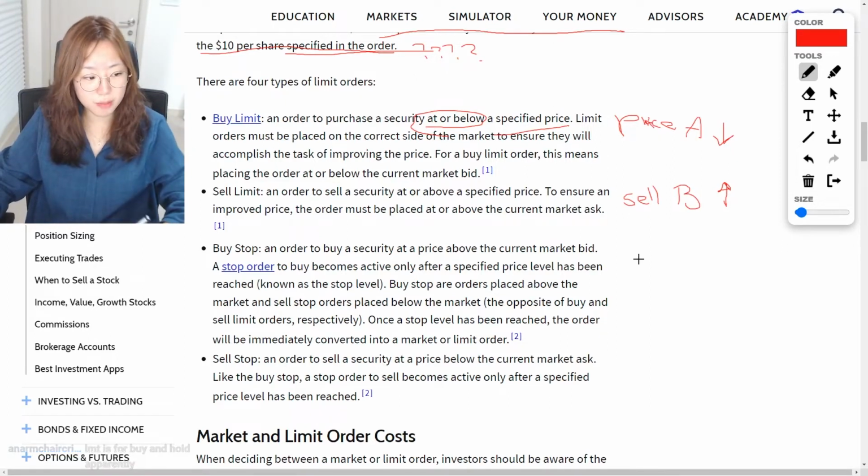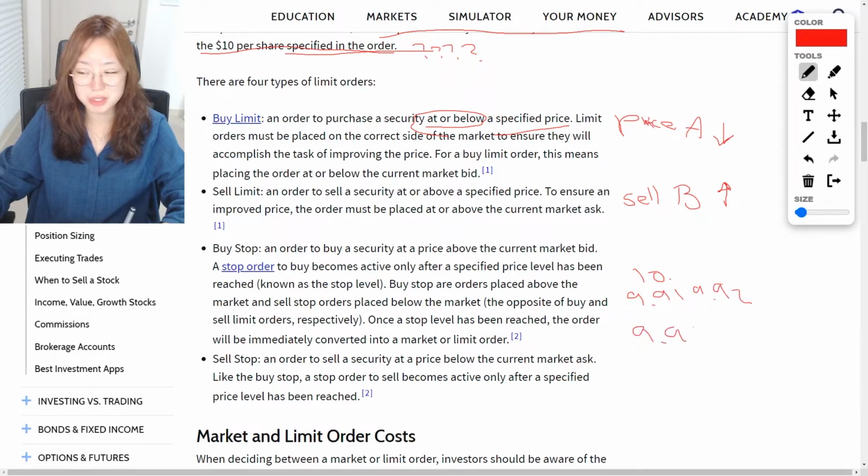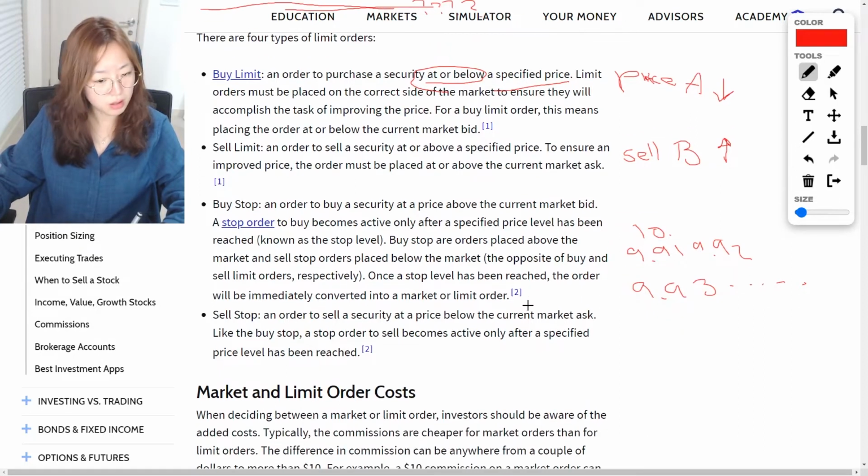So if I have a buy stop at $10, then I will buy $9.91, $9.92, $9.93, etc. Buy stops are orders placed above the market and sell stops are placed below the market. Okay? Once a stop level has been reached, the order will immediately convert into a market or limit order.